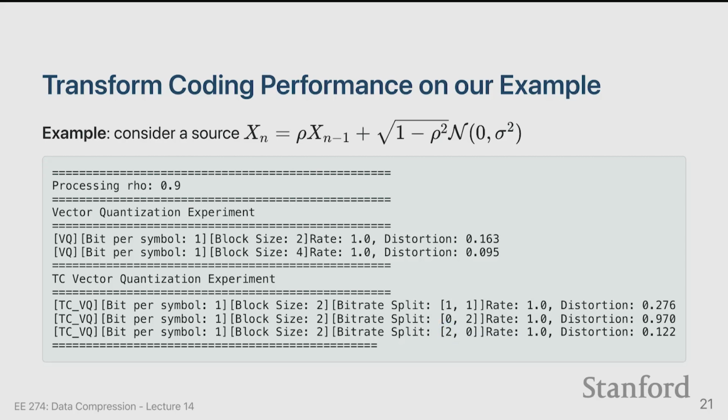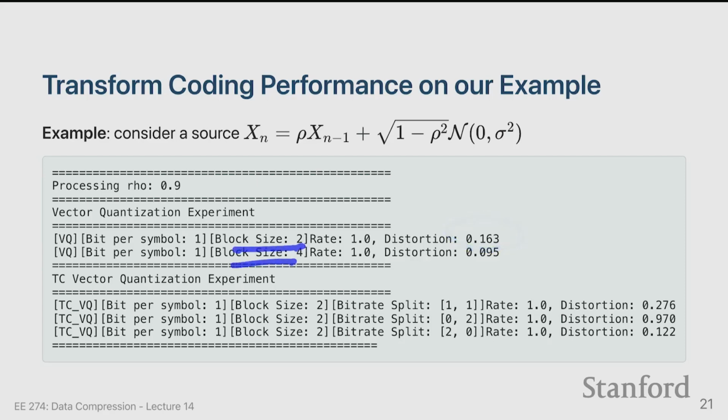And so what do you guys think looking at this? Again, all of them have rate 1. This is the distortion. What do you think happened here? Look at this number: this was 0.163.